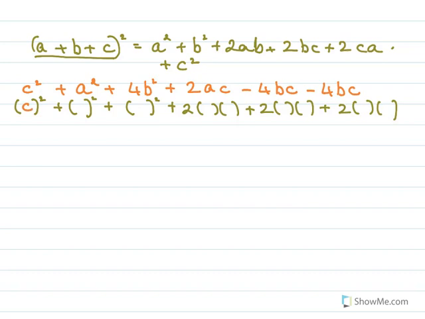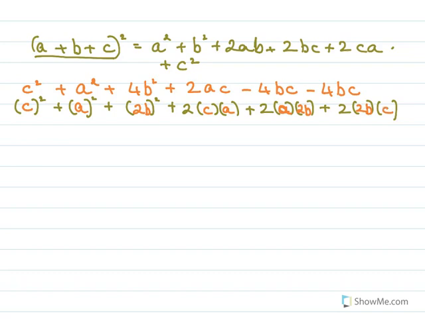So here will come my c, that's a square, b square, and here will come 2ab, so ca, and this will become here.